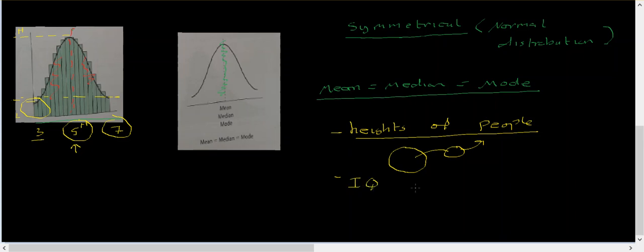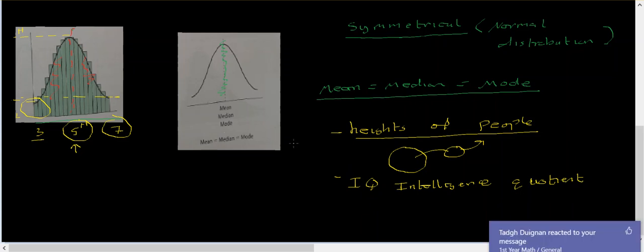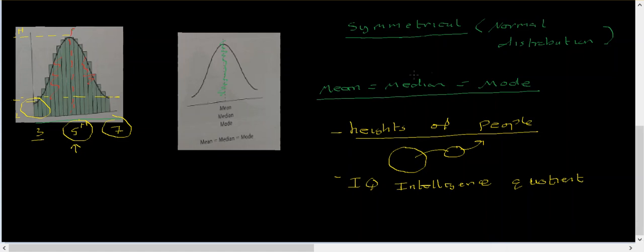So IQ, or intelligence. What's known as intelligence quotient. Okay, or IQ. So again, if you were to go and randomly carry out an IQ test on people, what you'll find is that they'll follow a normal distribution like this.